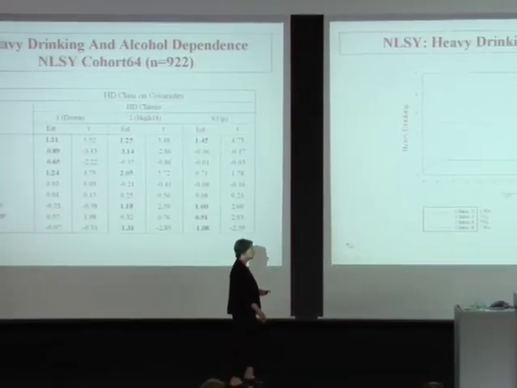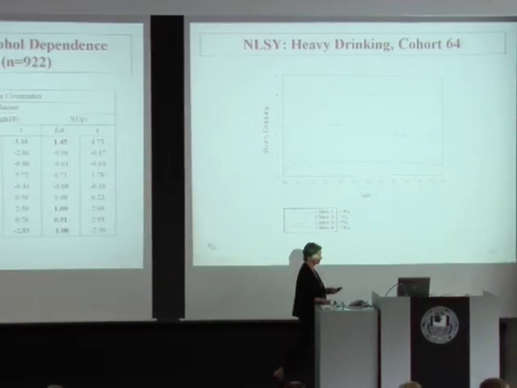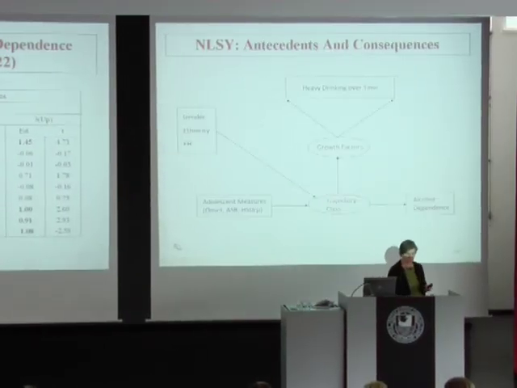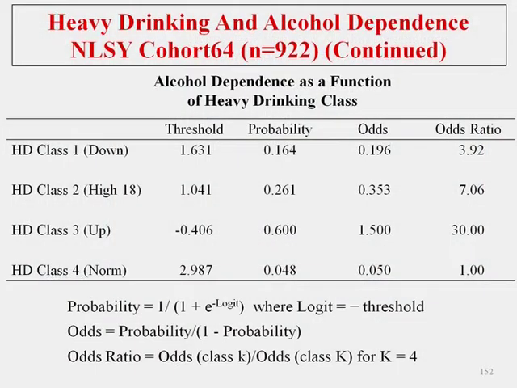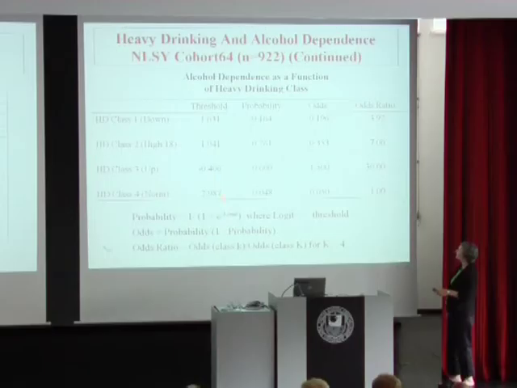And then for the high school dropout, take a look at this slide. So we have the classes, the down, the high, the up, and then the normative class, which is the reference class. And we look at the thresholds across the classes.